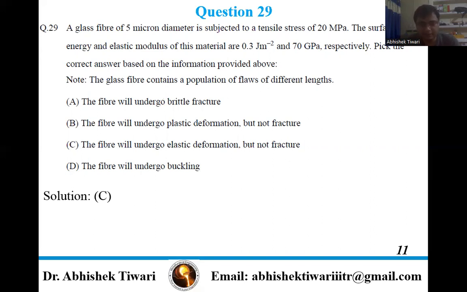The glass fiber contains a population of flaws of different lengths. Option A: the fiber will undergo brittle fracture. Option B: the fiber will undergo plastic deformation but not fracture. Option C: the fiber will undergo elastic deformation but not fracture. And option D: the fiber will undergo buckling.